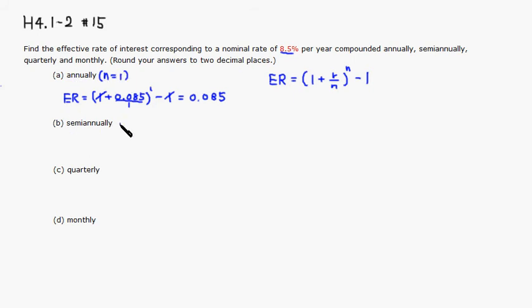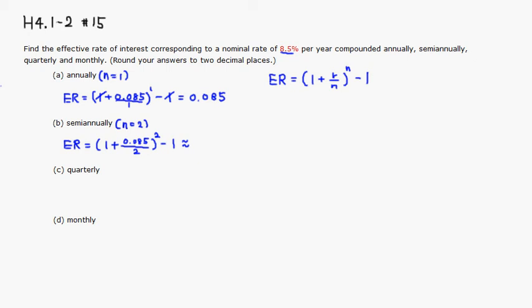Part B, semi-annually, which means that N is equal to 2. So we compute the effective rate if it's compounded semi-annually. It's going to be the quantity 1 plus 0.085 over 2, raised to the second power, minus 1. Let's compute this.